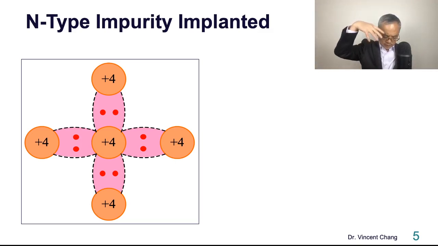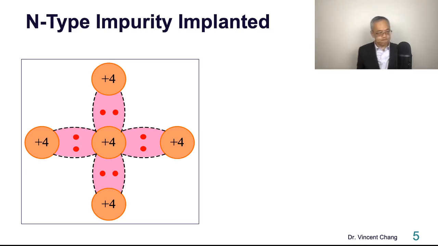In the early stage of the semiconductor industry, the most traditional technique was called diffusion. We put the dopant into the material and the atoms will diffuse.